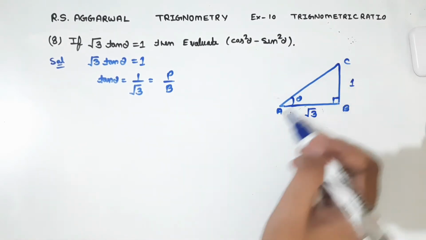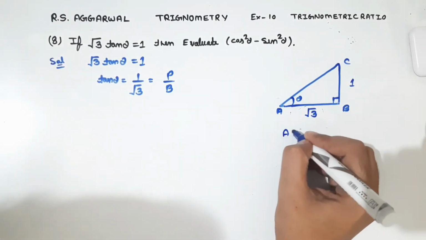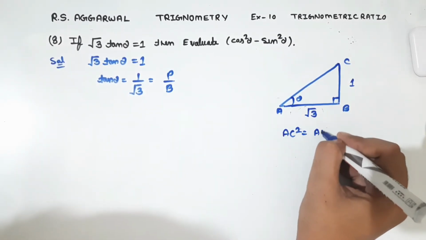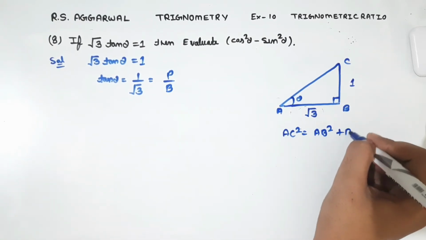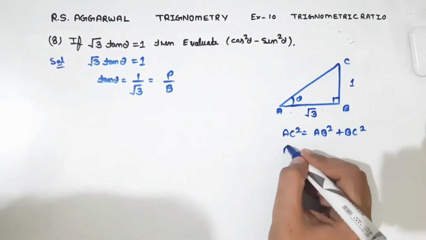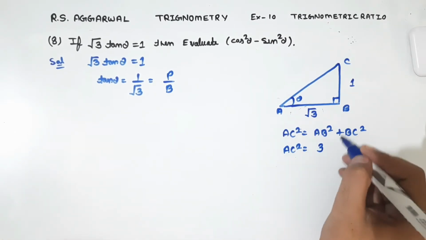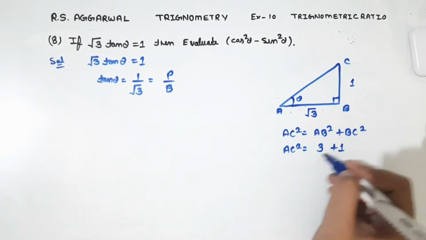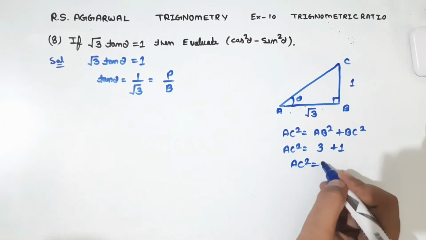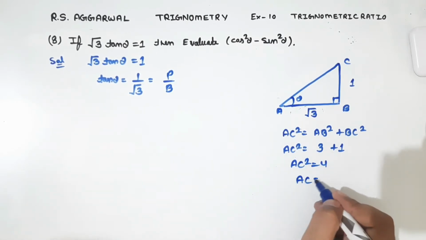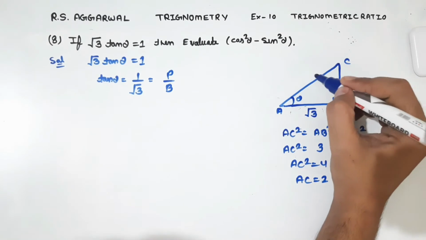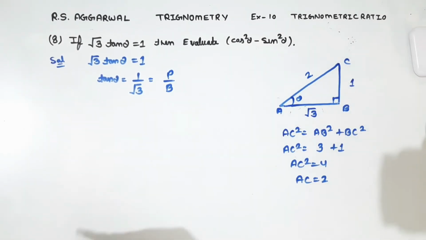So in this right triangle AC square will be equals to AB square plus BC square. So AC square will be AB square, that is 3, plus BC square will be 1. So AC square will be 4. So from here AC will be equals to 2. So our hypotenuse will be 2.